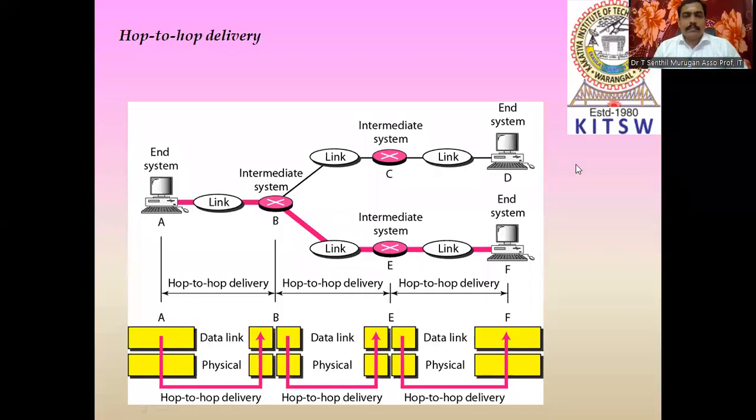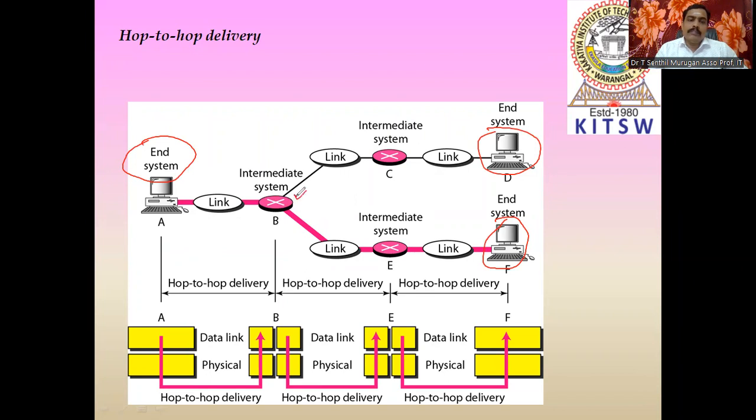See this diagram. This diagram represents hop to hop delivery. What is hop to hop delivery? Normally we transmit information from source to destination. In this diagram, this is the source and this is the destination. In between, some routers may be used.